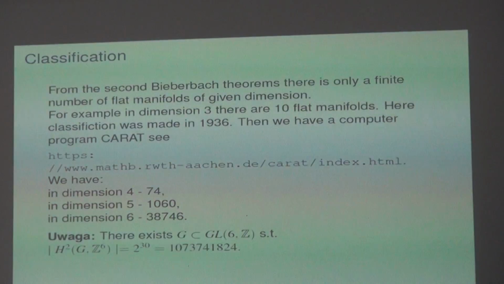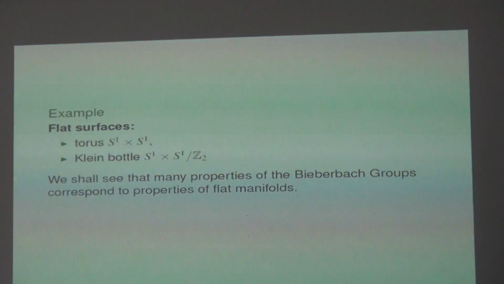Another easy example is the Klein bottle. In fact, here we have the classification of two-dimensional flat manifolds. There are only two, and there are of course 17 crystallographic groups in dimension 2.